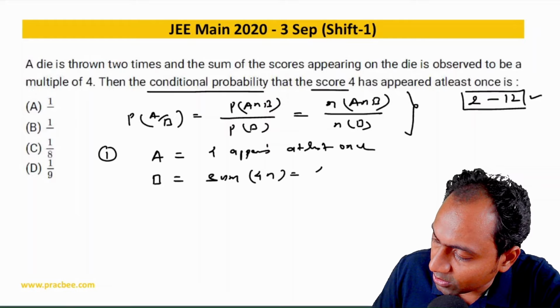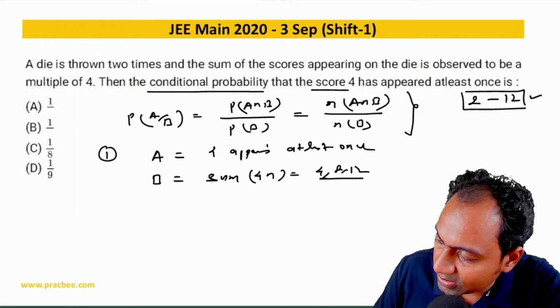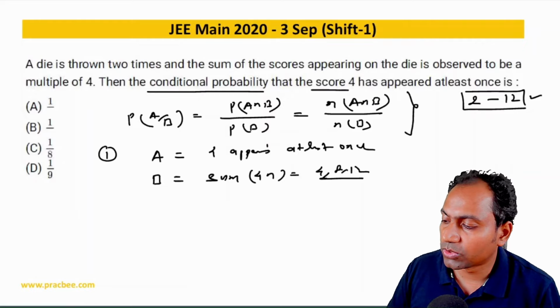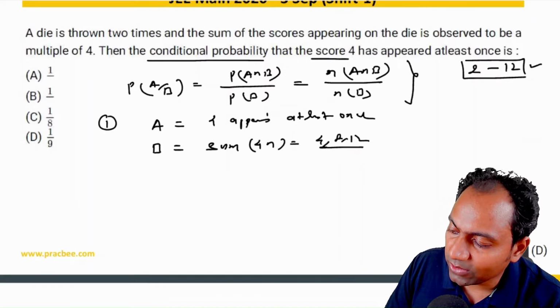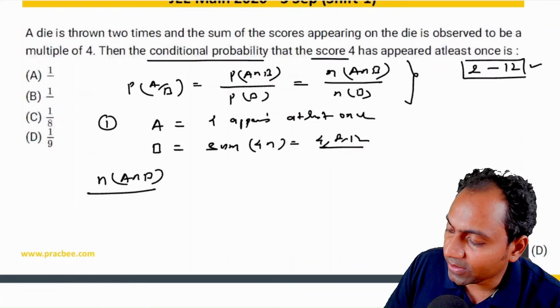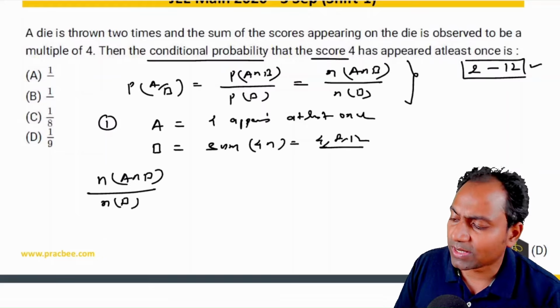That would mean it can be either 4, 8 or 12, since the sum lies between 2 and 12. So once you have done that, the question is very simple. Let us find the total number of elements in A intersection B and then divide it by the total number of elements in B to get to an answer.